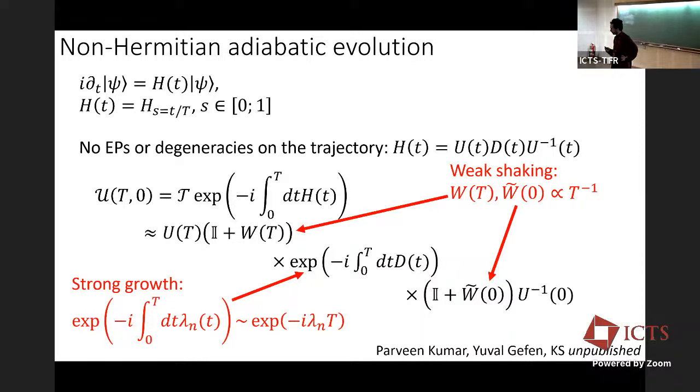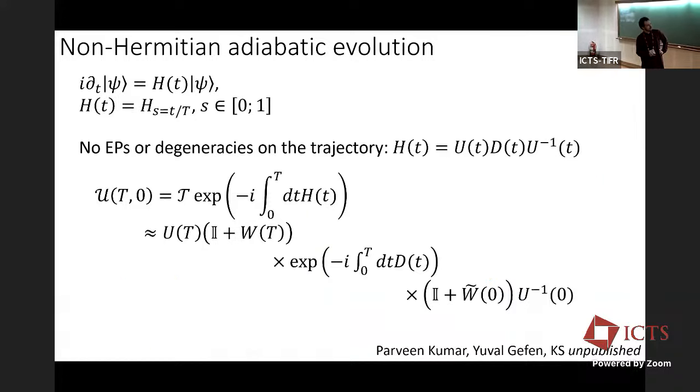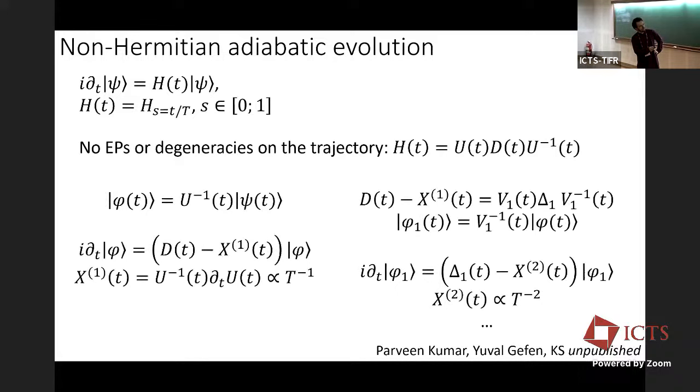What's the notion of gauge invariance between input and output, because without that there is no well-defined notion of... Good question. Let me say that the geometric phase is exactly the correction between delta 1 and D. That's the difference. It's geometric because it does not depend on capital T. And if you have a closed trajectory, then the gauge invariance is automatic. It's absolutely the same as in the Hermitian case.